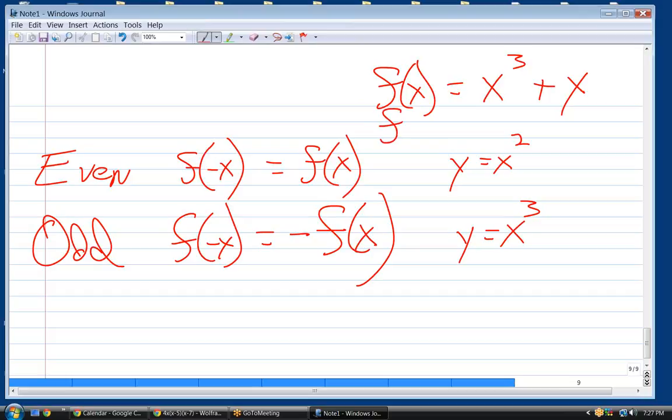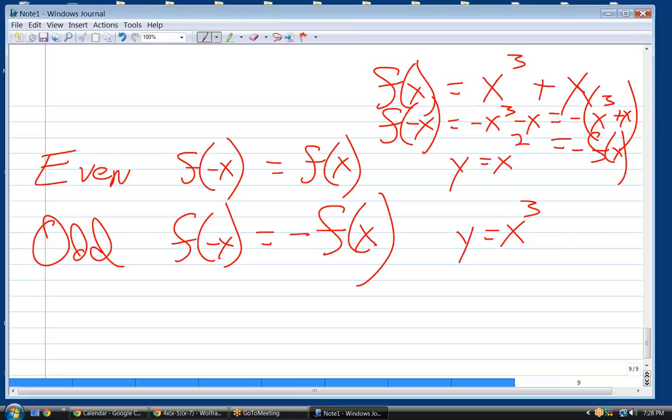So what is f of minus x equal to? That one would be negative x cubed minus x. Which, if I factor a negative out, is negative x cubed plus x, which is negative f of x.